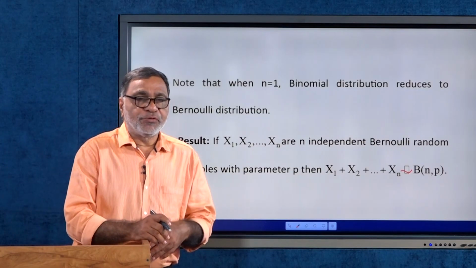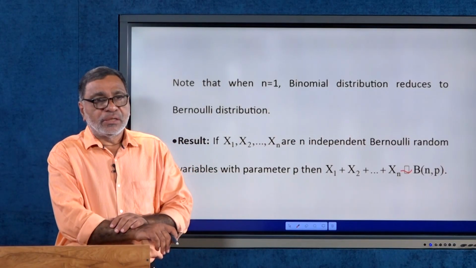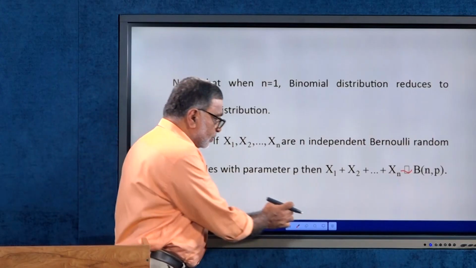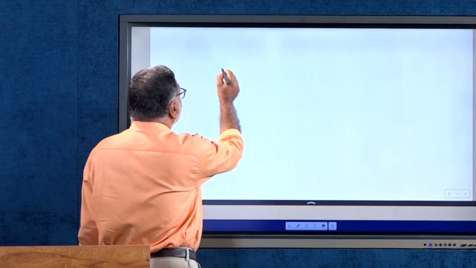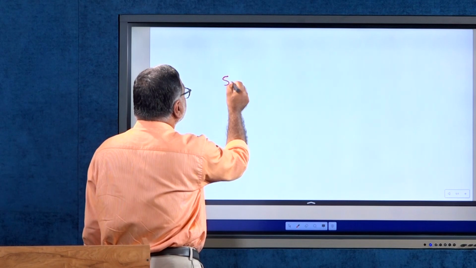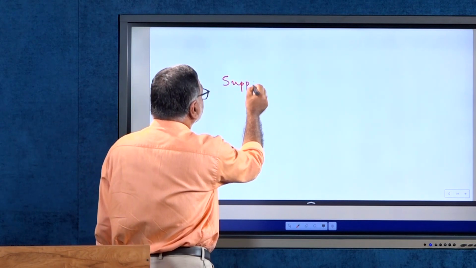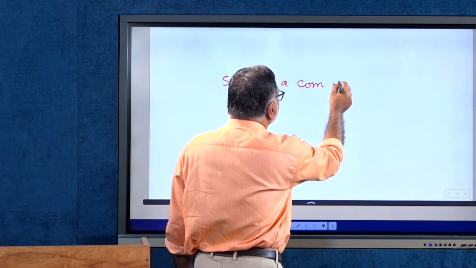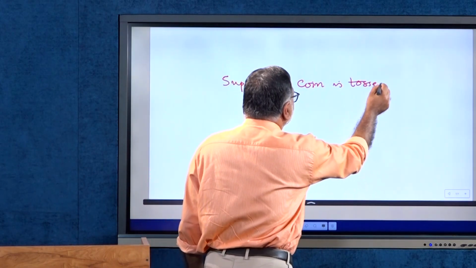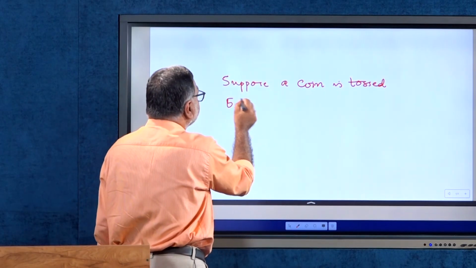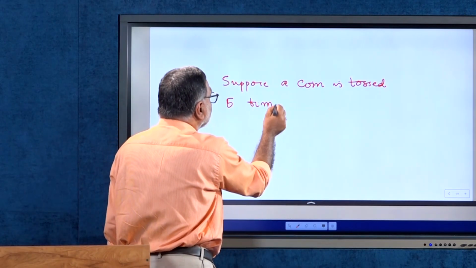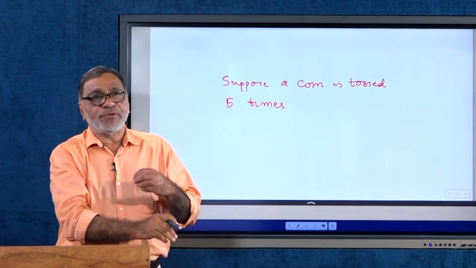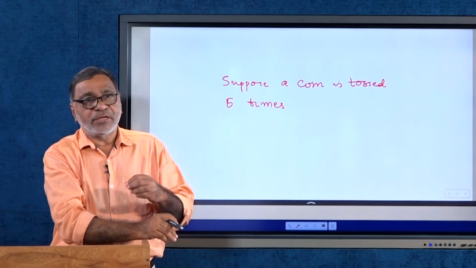So before concluding this session, let us consider an example. Suppose a coin is tossed five times. So that means it is a Bernoulli trial with n equal to 5.